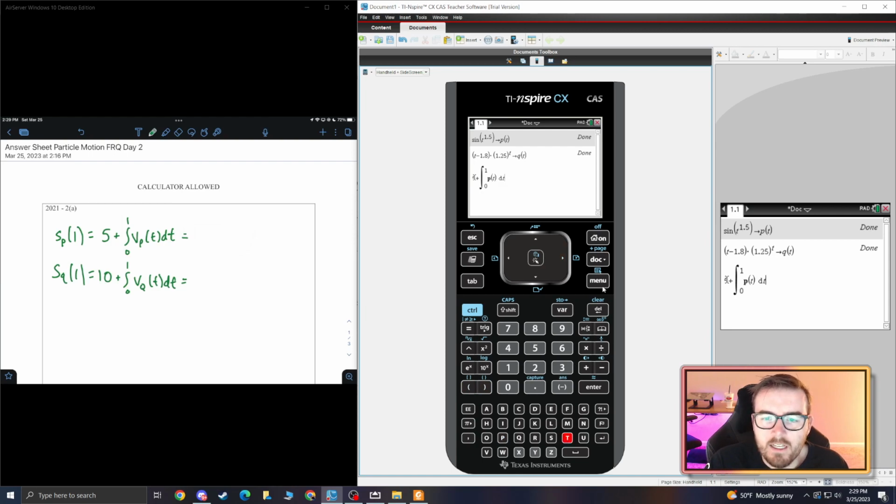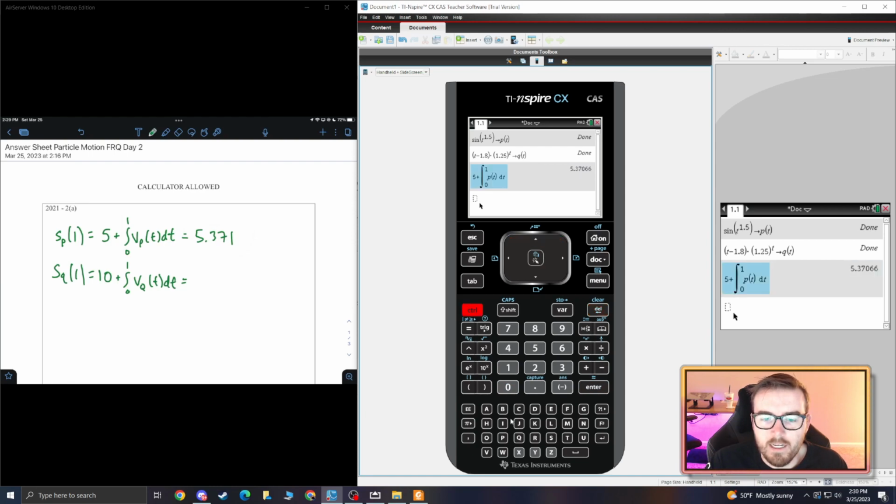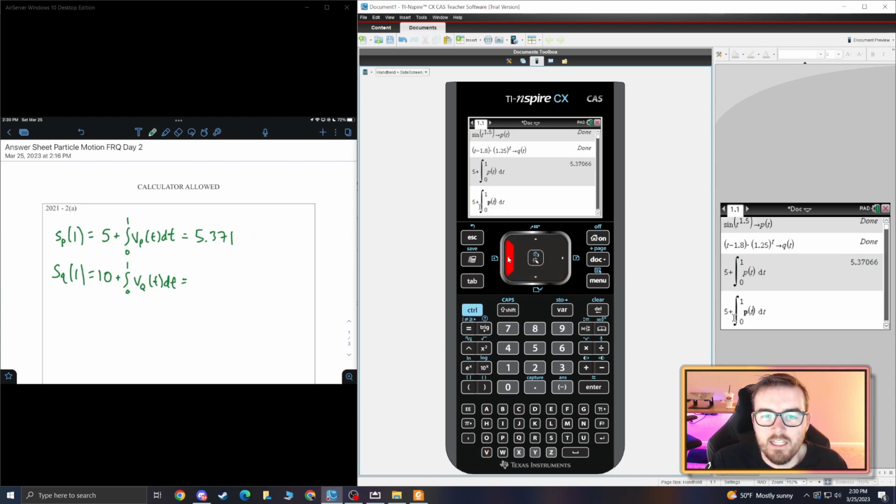So if I plug that in, I get a lovely 5.371, if I round that to the thousandths place. Okay, cool. And then I'm going to do the exact same thing, honestly just to show you a reminder, right? Control C, Control V. Just go ahead and paste that in there.